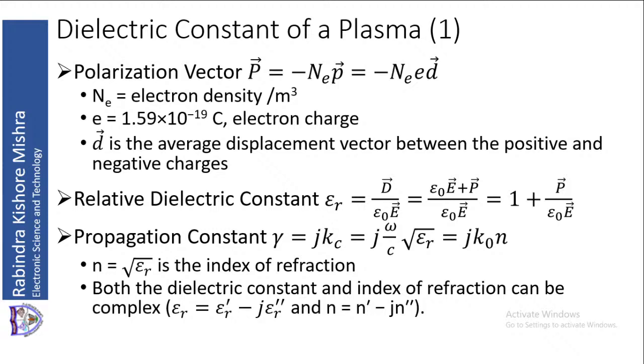In that case, we can represent epsilon r as epsilon r dash minus j epsilon r double dash. The imaginary part is responsible for loss. Similarly, n can be represented as n dash minus j n double dash.